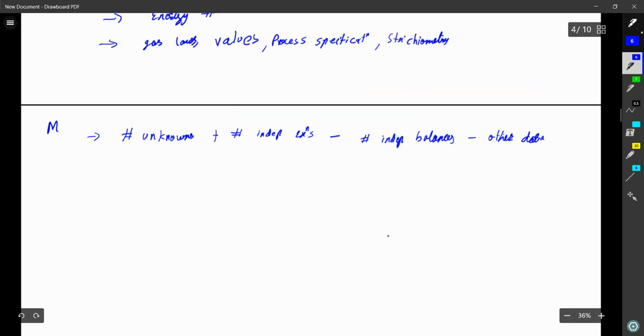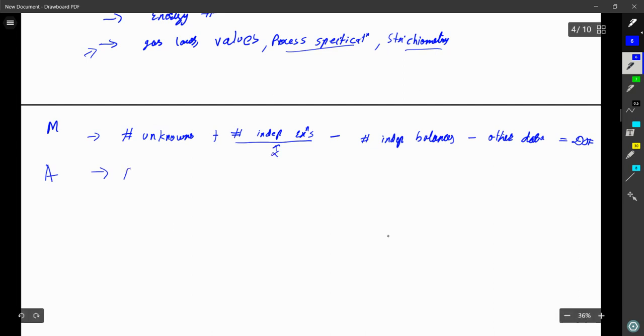Other data includes all these things: gas laws, process specifications, stoichiometry. This equals the degrees of freedom. Now, this number of independent reactions is in a way the extent of the reaction, since we don't know how much the reaction has gone forward.